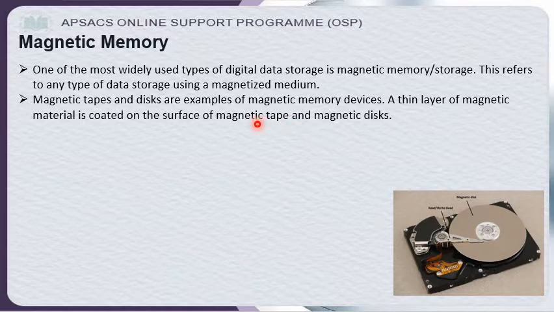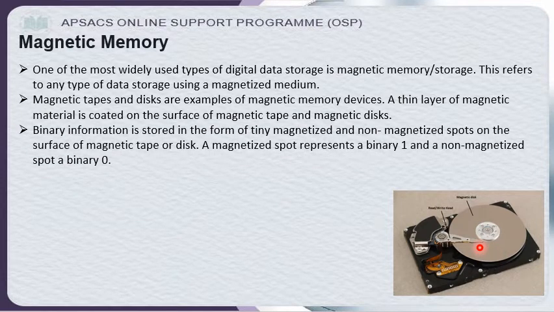On all these magnetic memory devices, we have a tiny layer of magnetic material coated on the surface of the magnetic tape, magnetic disk or floppy disk. So magnetized memory is available on this plate.